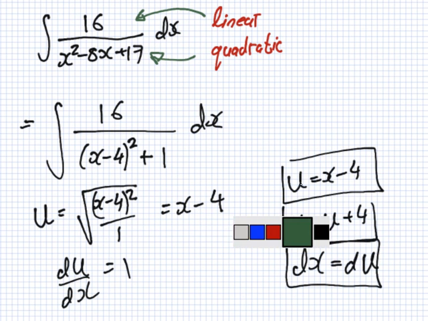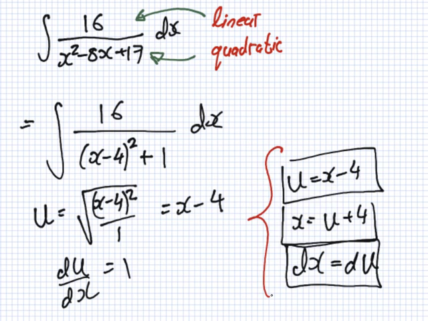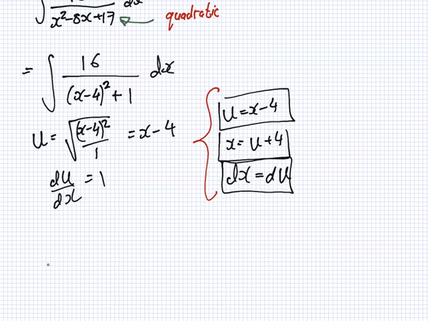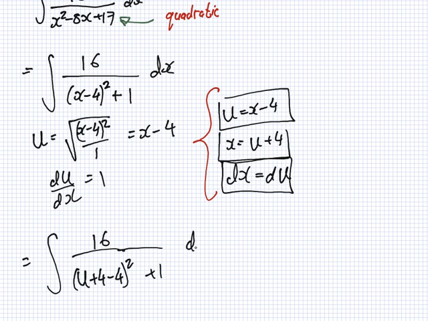So putting these 3 together, we get the integral of 16 over (u plus 4 minus 4) squared plus 1 du, because I've replaced the x with u plus 4.